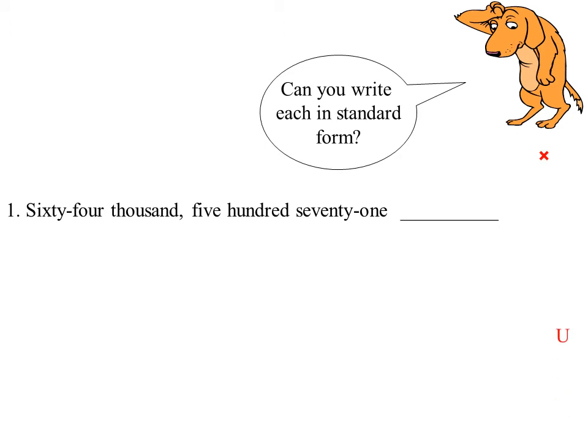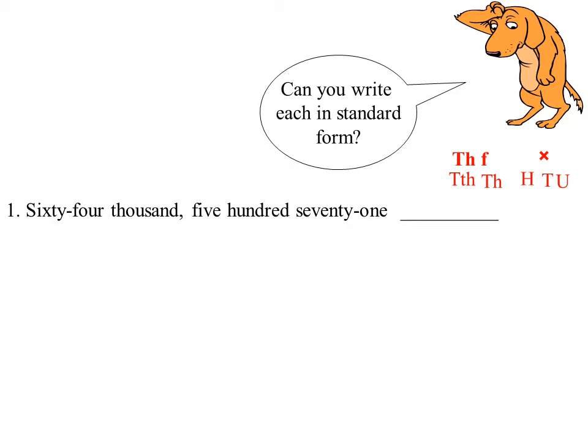Let's take more examples. 64,571. First we write 64, then put the comma, 571. The next one, 119,611.